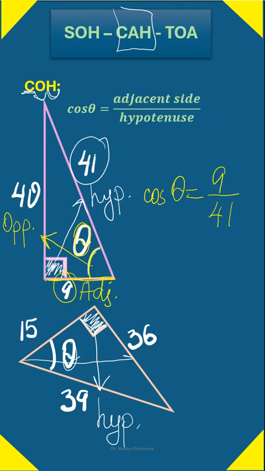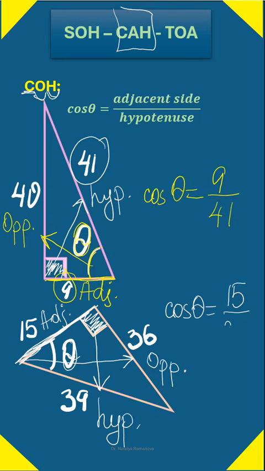The opposite side for the given angle is 36, and the adjacent side equals 15. Now we can write cosine theta equals adjacent side 15 divided by hypotenuse 39.